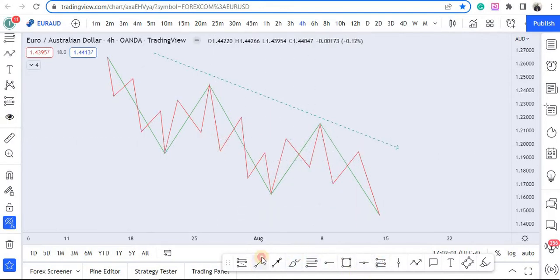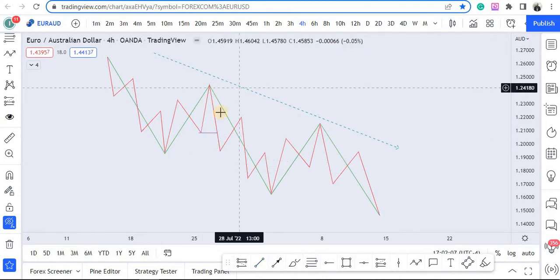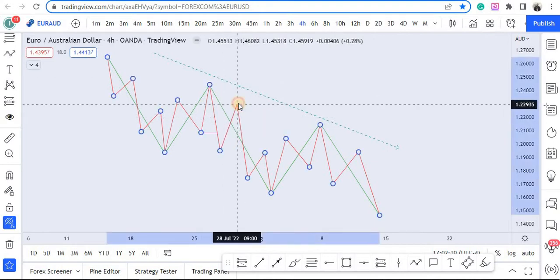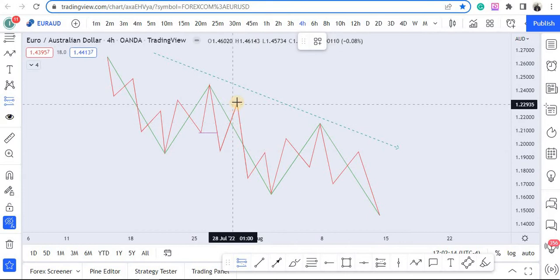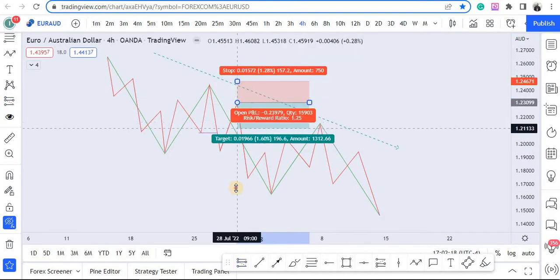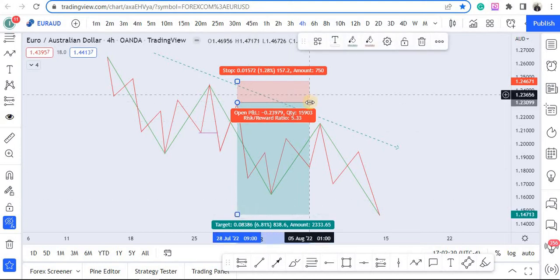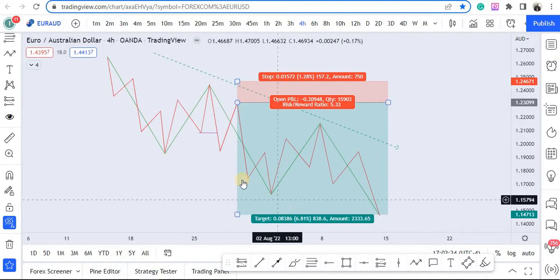After this break, don't worry about this, my strategy that you're going to learn very soon. After this break, you can say, okay, let us take a trade here. For instance, take a trade, stop loss above here. And you can see that you can capture good trades if you trade like this.